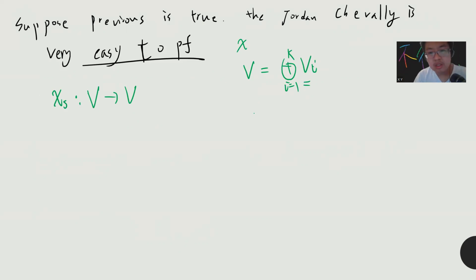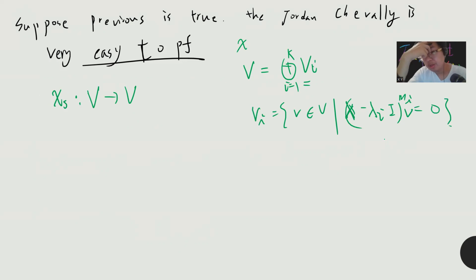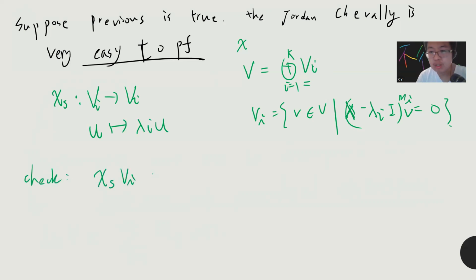So Vi is all v belonging to V such that (X minus lambda i times identity) to the power mi applied to v is 0. Now I can define XS on each Vi to be multiplication by lambda i. So if I have any vector u, I map it to lambda i times u. It's easy to check that XS stabilizes Vi.